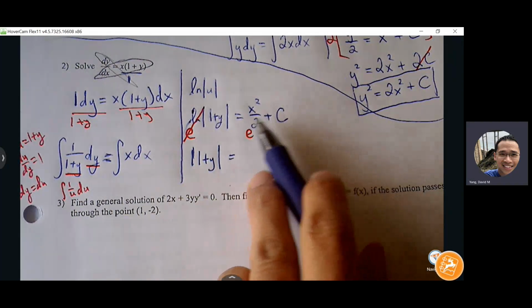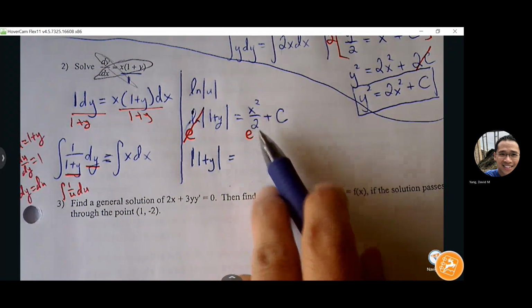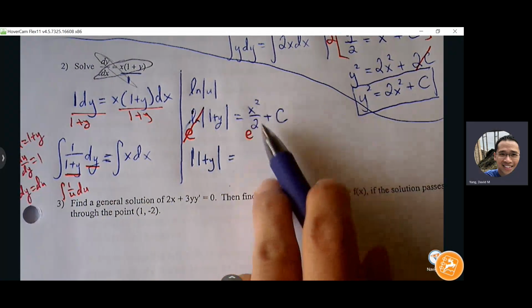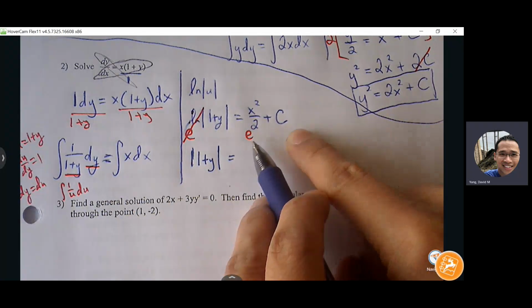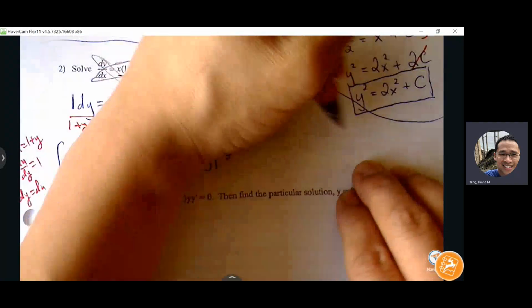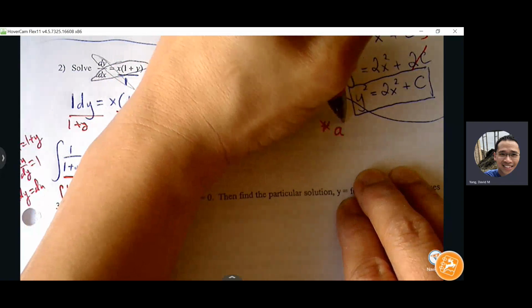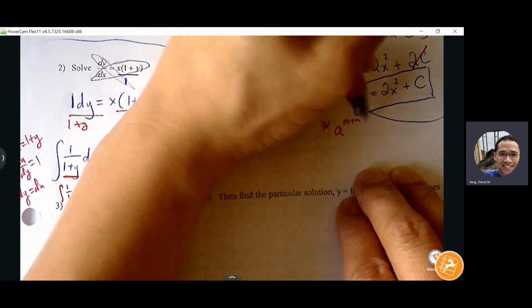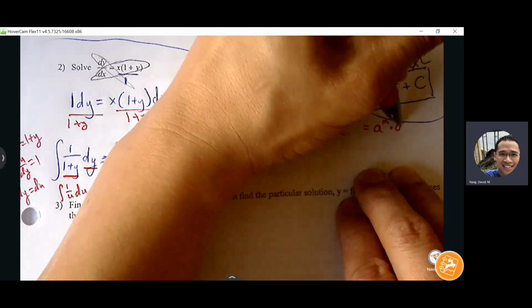Now, both of these are sitting where? Up in the exponent. Okay, so I want to make sure that we understand that we've raised everything up. It's sitting up in the exponent. And there's a property that I want us to know how to do. So if I have a base a raised to the m plus n, I can split this up into a to the m times a to the n.